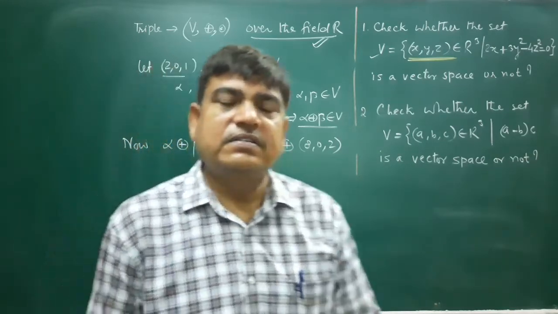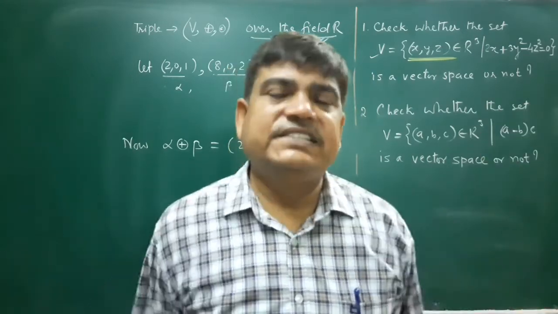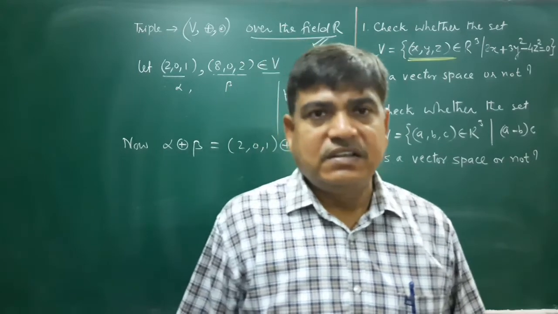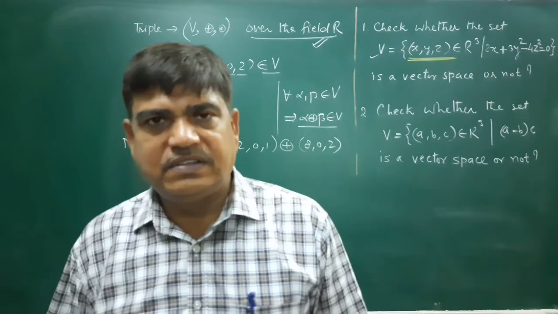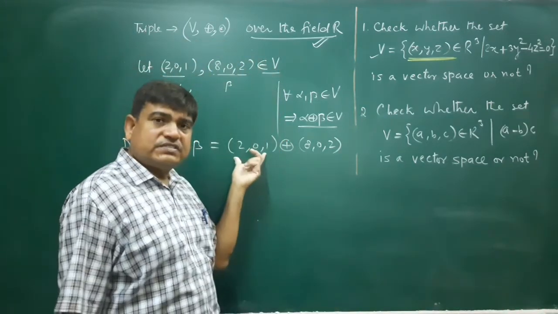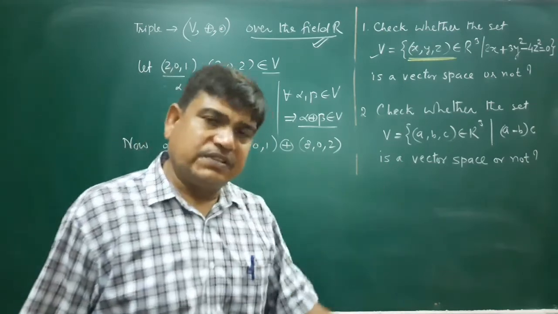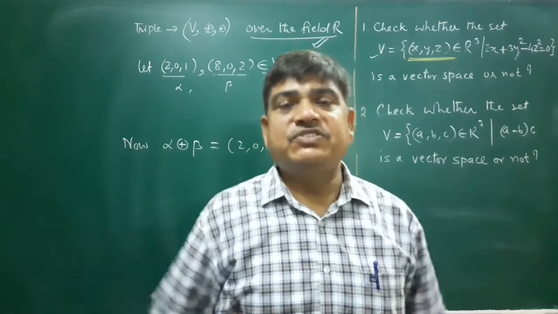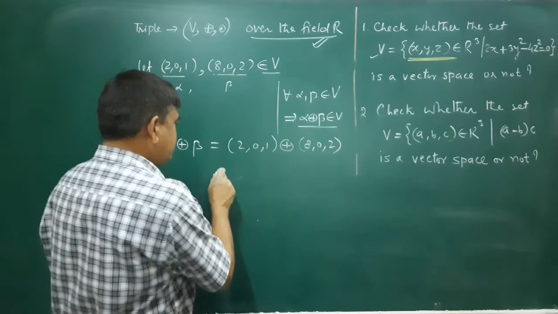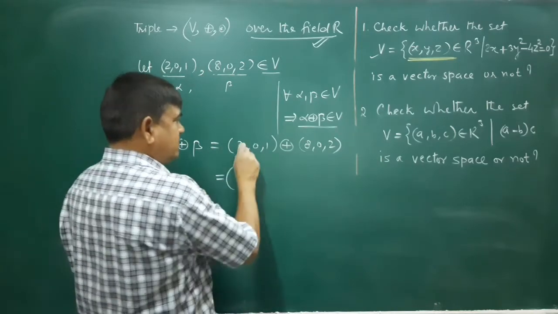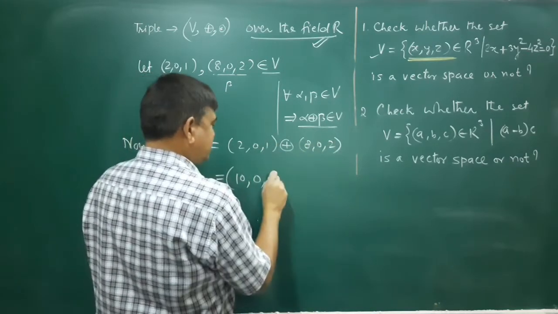Always remember, two ordered pairs will be added first component to first, second to second. In a similar way for a triplet, first to first, second to second, third to third. Similarly in n dimensions, that is called an n-tuple. But this time we are doing a triplet. So it is 2 plus 8, that is 10, 0 plus 0, that is 0, and 1 plus 2, that is 3.